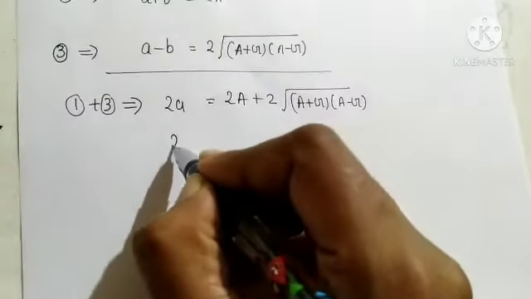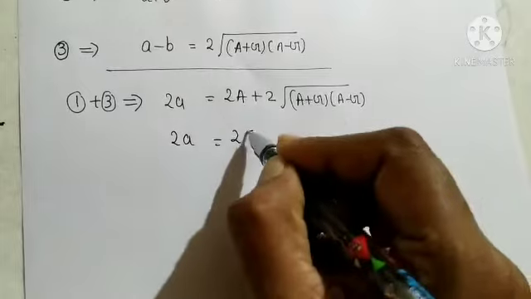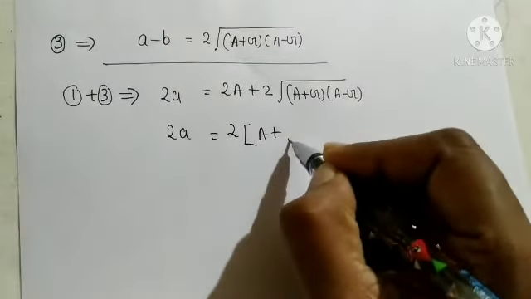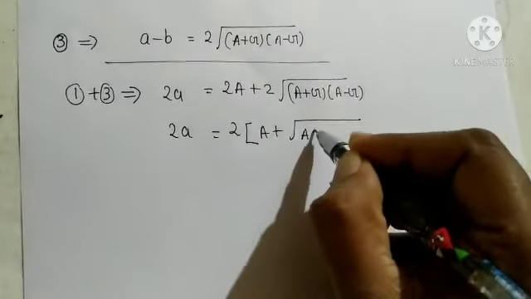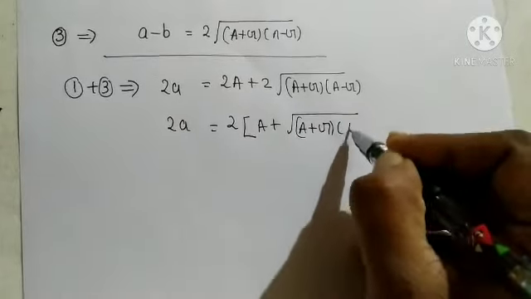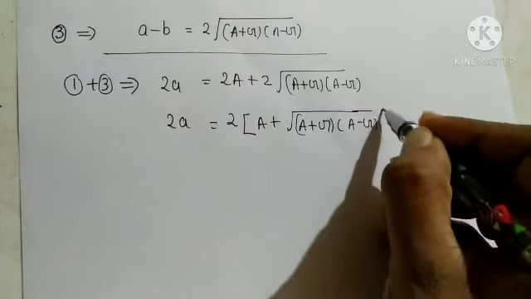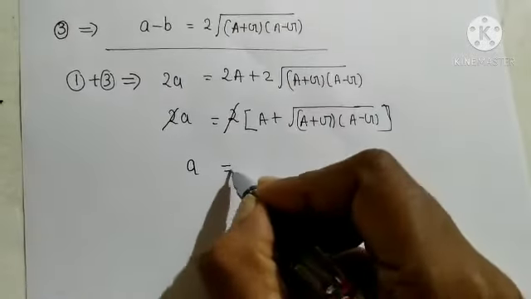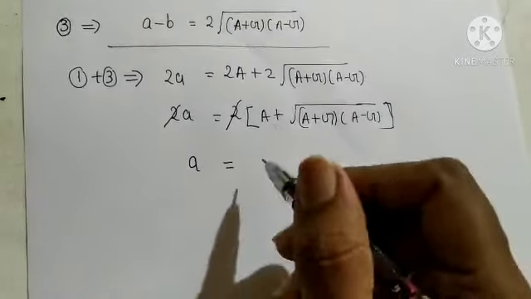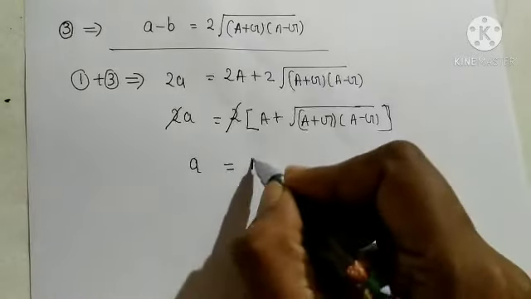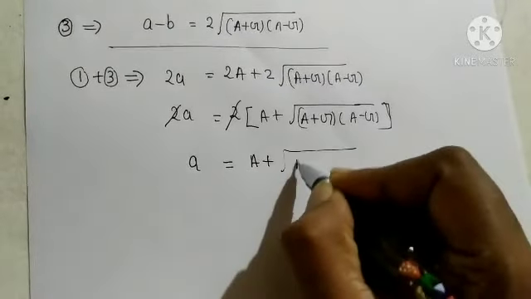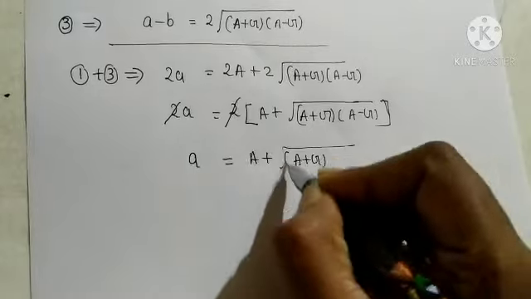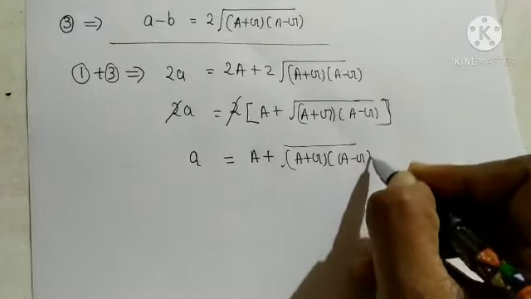From this, 2 is common, taking it outside from these two terms, we get A plus root of (A plus G)(A minus G). Cancelling these two, we get the value of a as one of the numbers, A plus root of (A plus G)(A minus G).